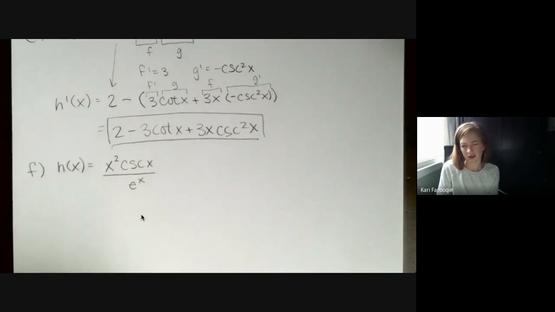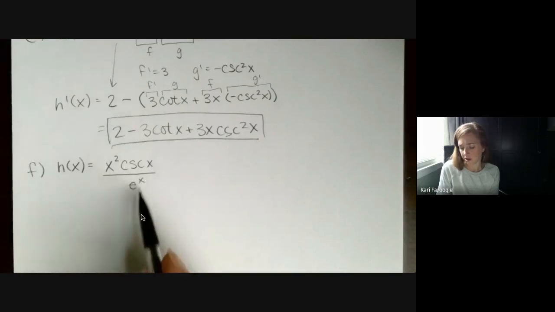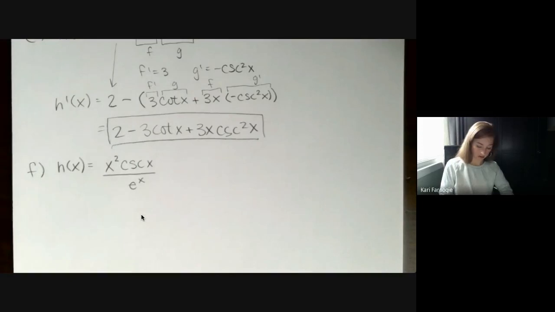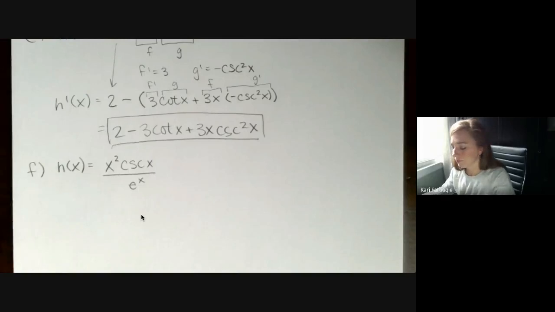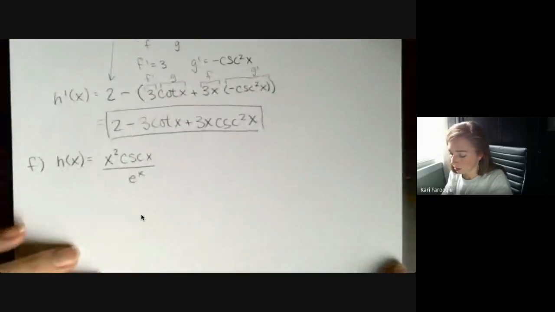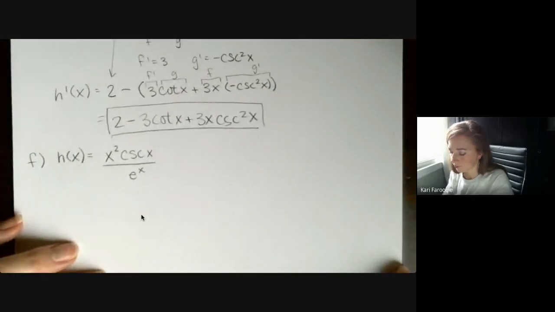I only bring that up because I saw that WebAssign left an answer as e to the negative x and moved it into the numerator. How it got there I couldn't tell you, but I would not take 3 functions and multiply them together. It'd be a huge mess. I mean, it's doable, but I wouldn't do it.